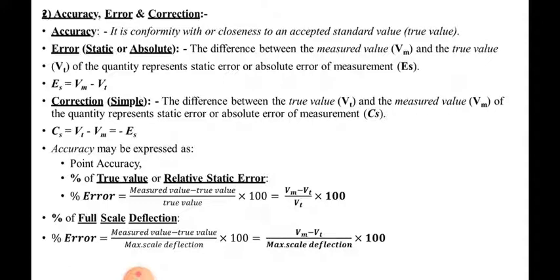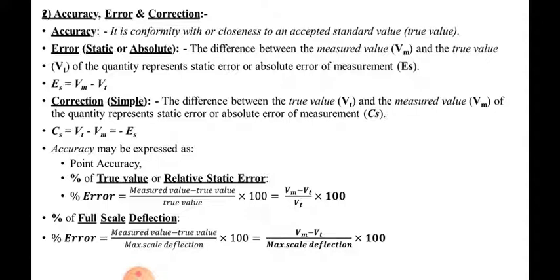Maximum scale deflection is nothing but, from 0 or the lower range to the upper range, what will be the maximum deflection of the pointer in the dial of the measuring instrument. That is the maximum scale deflection.